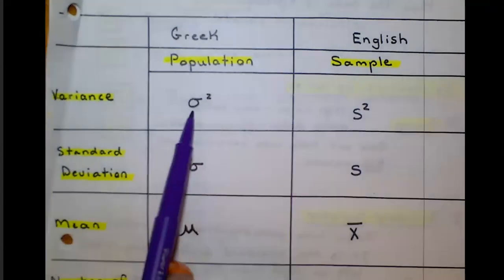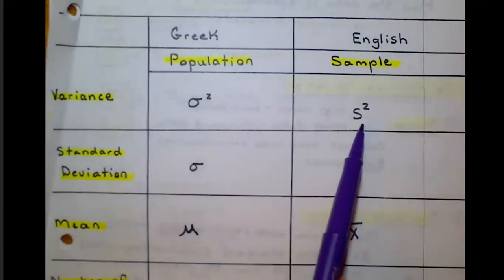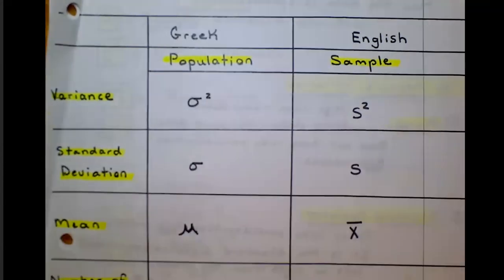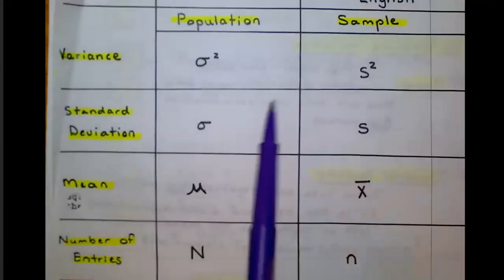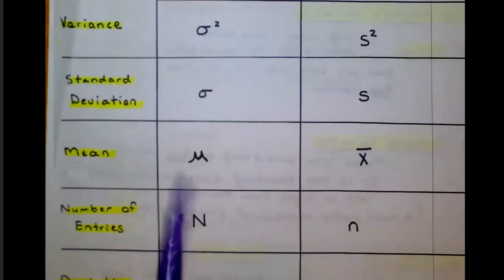This stands for variance of a population. This stands for the variance of a sample. With the standard deviation, you square root the variance. With population, this would be your Greek symbol for a mean, mu.